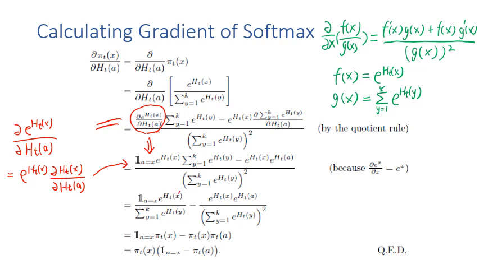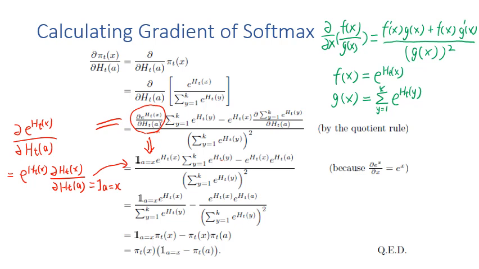I should say this is the indicator function that action equals x. So it equals 1 if the action is our selected action A, or 0 otherwise.